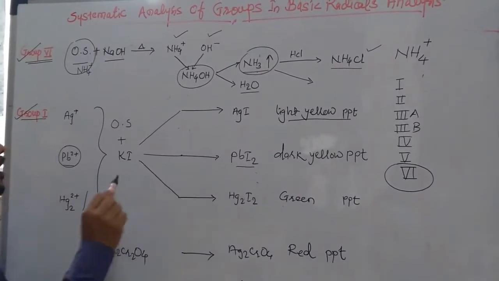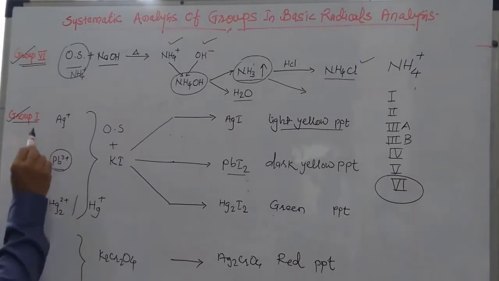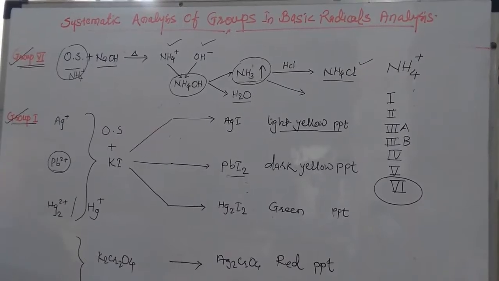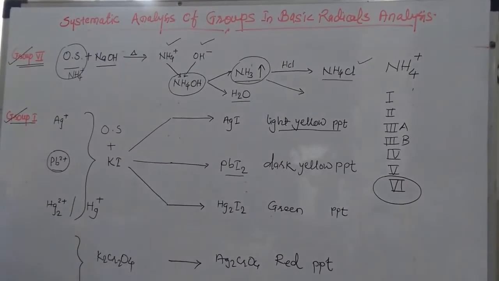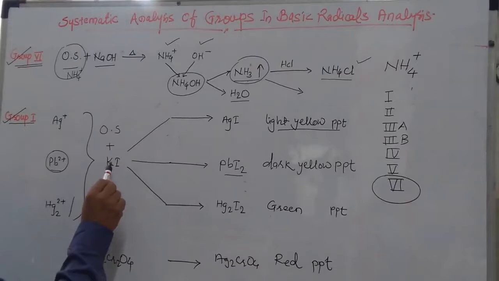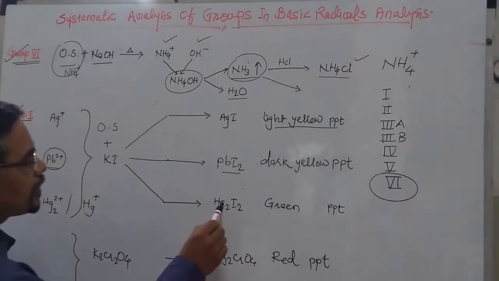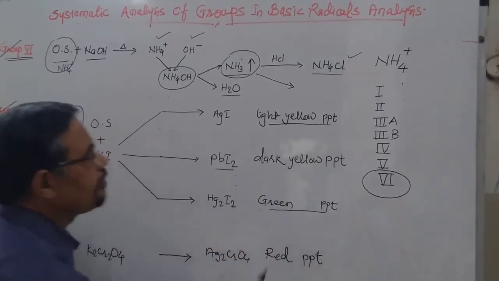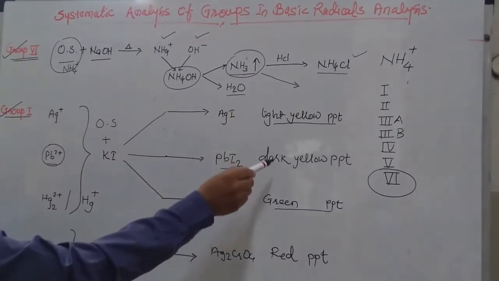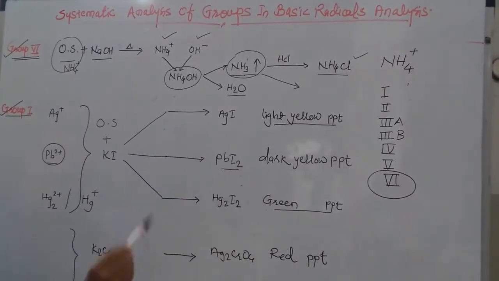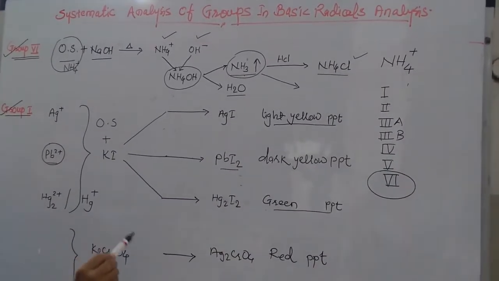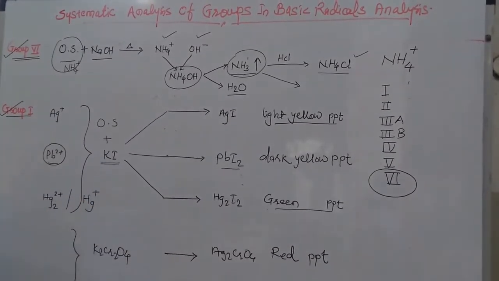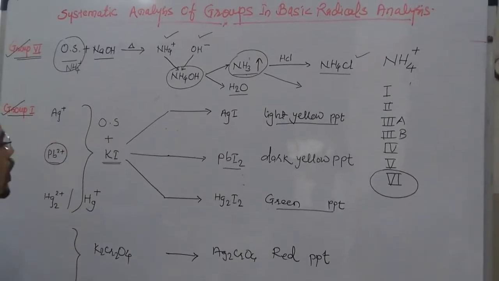Then the third radical present in group 1 is Hg2 2 plus, or can be written as Hg plus. It is called the mercurous radical. If it reacts with KI, then it forms Hg2I2, a green colored precipitate. So from the color of the precipitate, we can identify the radicals present in group 1 by using KI, the potassium iodide solution reagent.